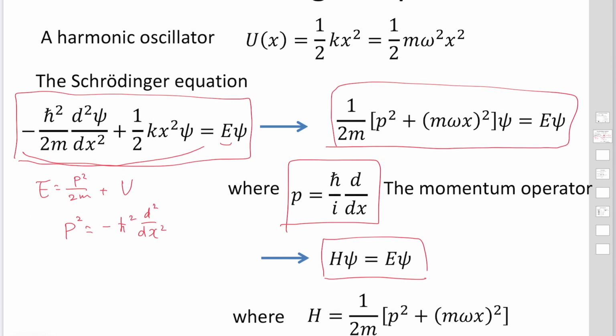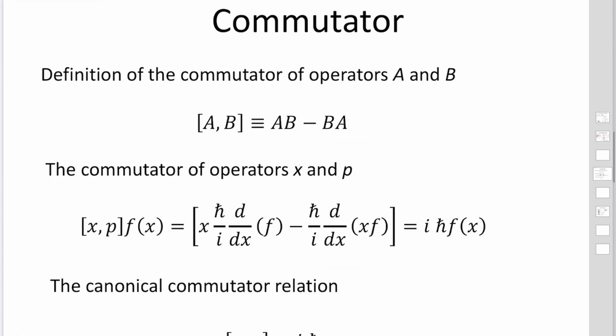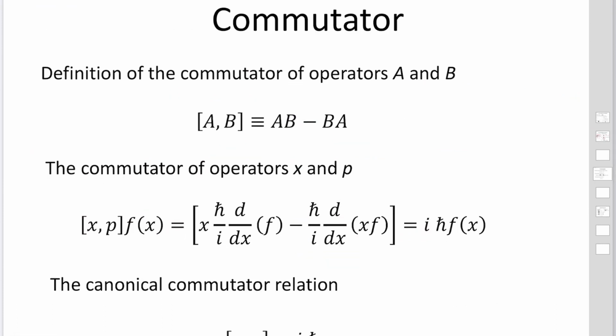First of all, we'd like to study commutators. The commutator of operators A and B is given by AB minus BA. To find the commutator of operators, you need to add a trial function f. Then find the commutator of the operators A and B.